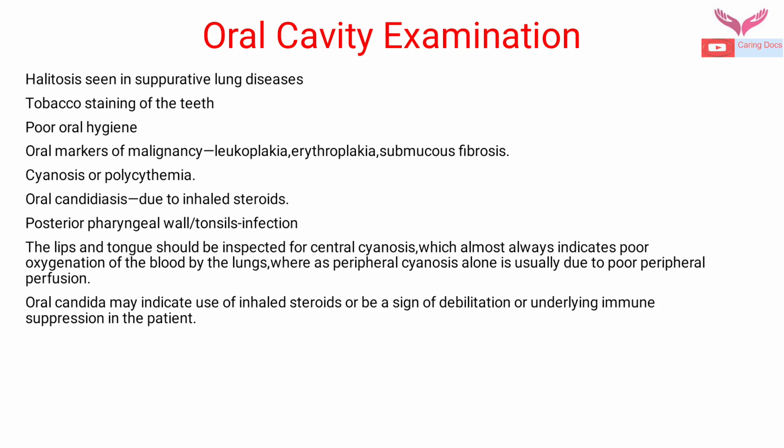The lips and the tongue should be inspected for central cyanosis, which almost always indicates poor oxygenation of the blood by the lungs, whereas peripheral cyanosis alone is usually due to poor peripheral perfusion. Oral candidiasis may indicate the use of inhaled steroids or a sign of deep debilitation or underlying immune suppression in the patient.